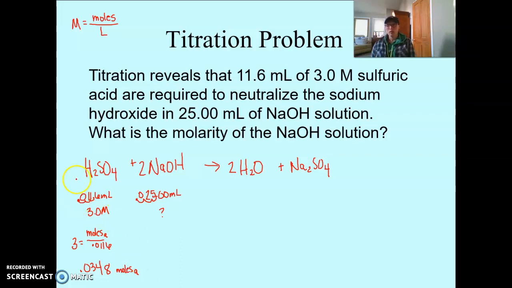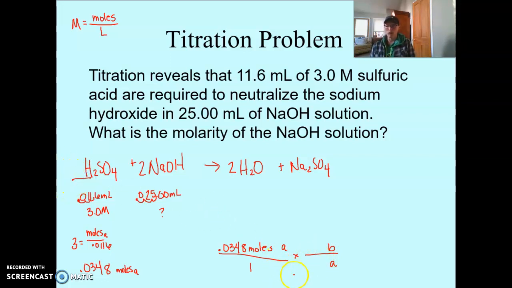Now we know the number of moles. When we know the moles of one thing, can we figure out the moles of another thing? Absolutely, that's called stoichiometry, and you guys are pros at that. So we start by putting what we're given over 1, 0.0348 moles of acid over 1. We want the acid on the bottom. We're trying to find out how many moles of the base. So the acid in this case, we have to look at the coefficient when we're going from moles of one to the other.